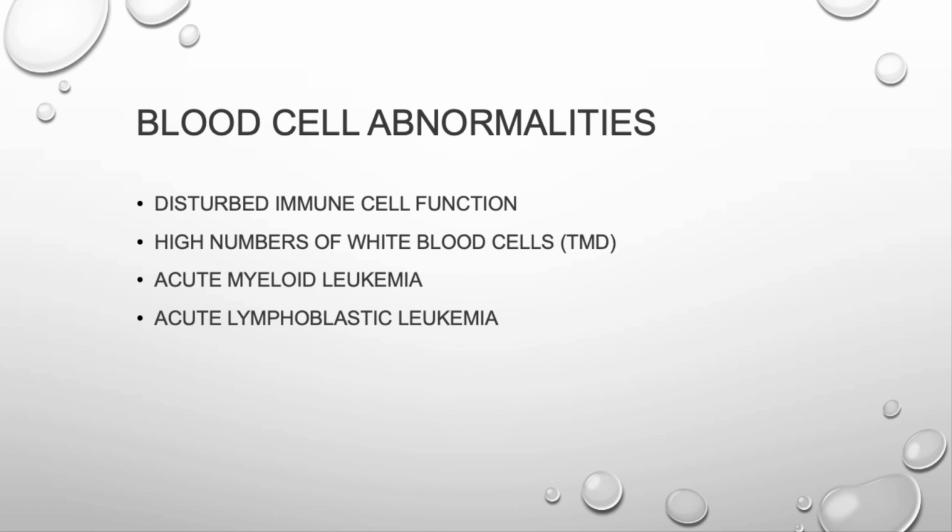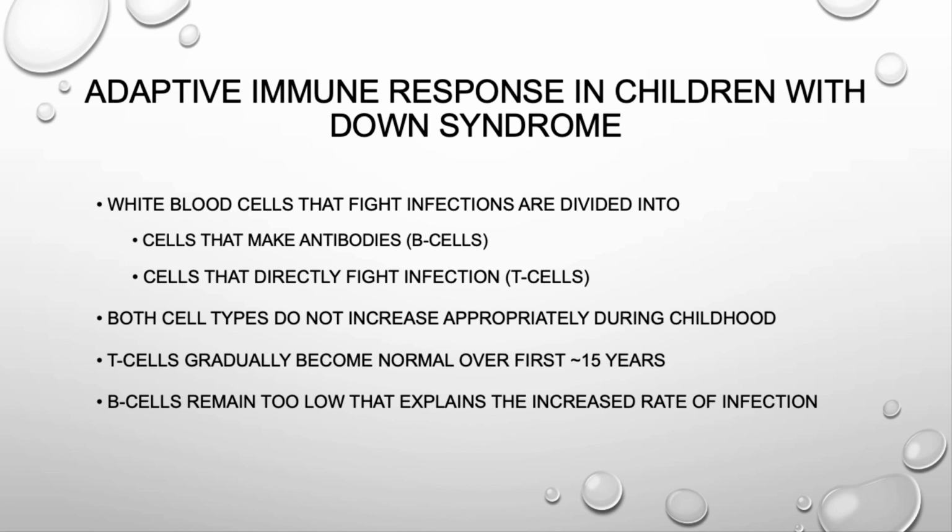You may end up with forms of blood cancer called acute myeloid leukemia or acute lymphoblastic leukemia, but those are rare. So even though I will mention that, just keep in mind that this is not something common that you see in all Down children.